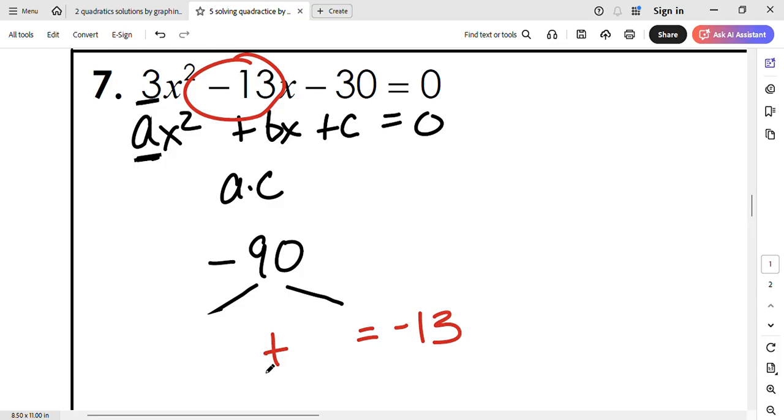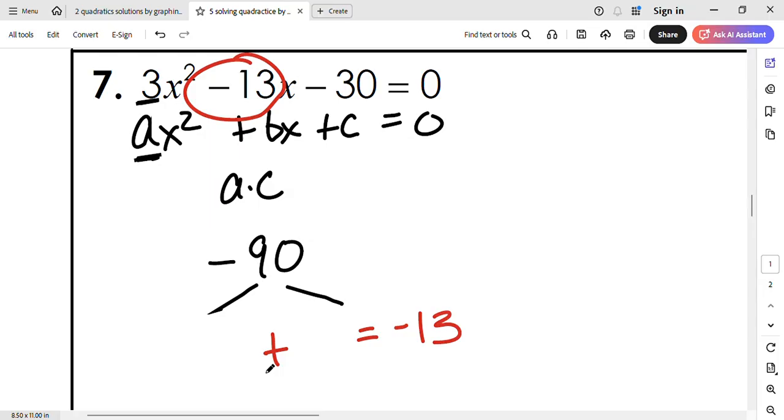What are factors of negative 90 that add up to negative 13? How would you do this, by the way, if you're not sure? You guys want to know how I would do it if I wasn't sure? Negative 90 divided by... Yes, then you go by the numbers. John is absolutely right with that. That's a great tip. So this is what you do. You take 90, and I say, okay, can I divide 90 by 2? Yeah, negative 90, but I'm just trying to find the numbers, I know I'm going to make one of them negative. So I get 45. So 2 and 45, but that doesn't add up to negative 13 if I subtract them or add them or anything. That's not even close.